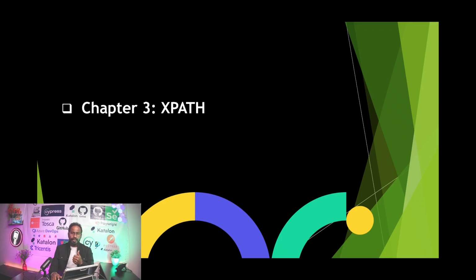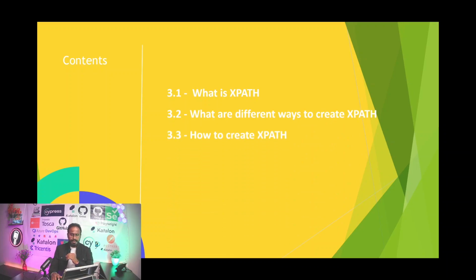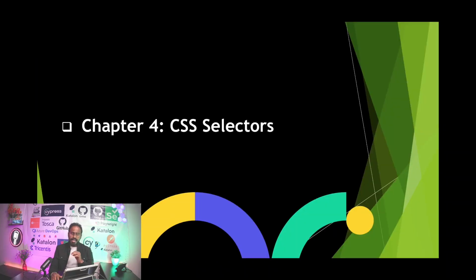And then we are going to talk about chapter 3, where I'll cover the concepts of XPath. As part of this chapter 3, first we are going to understand what is XPath, and then what are different ways to create XPath, and then how to create XPath. And then in chapter 4, I'm going to talk more about CSS selectors.